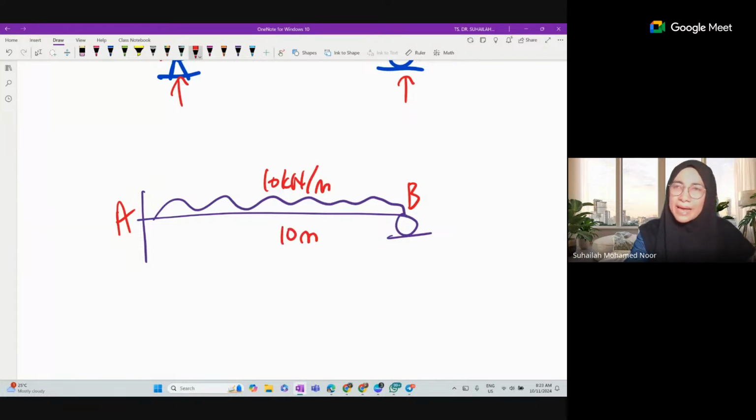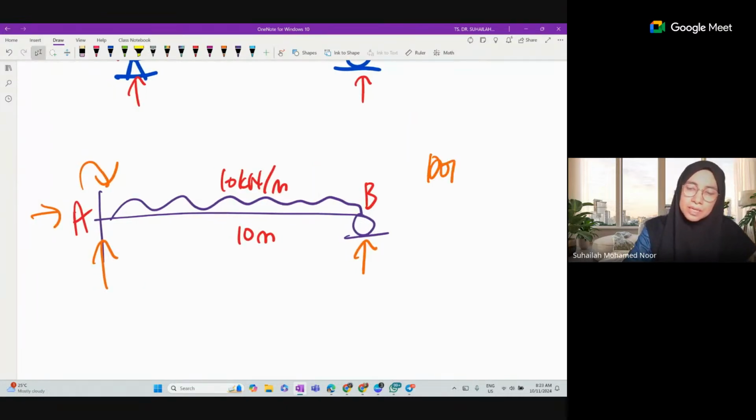Now, looking at the supports, A is fixed, there are three unknown reactions, and at B, BY is a roller support, one unknown reaction. So in total, DOI is 4 minus 3 equal to 1. This value 1 represents the number of redundants in the system.